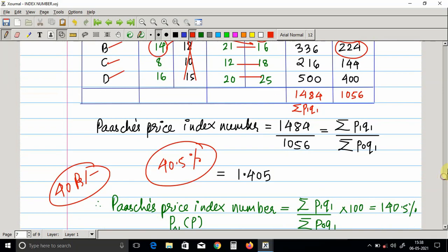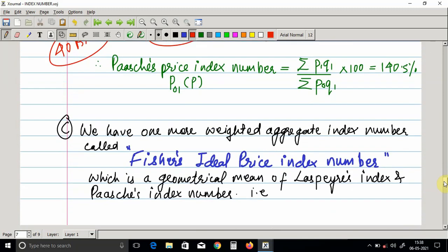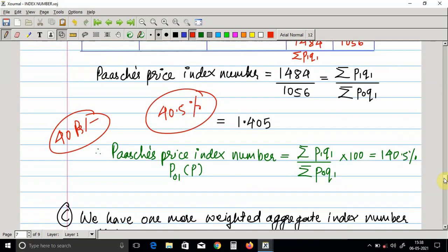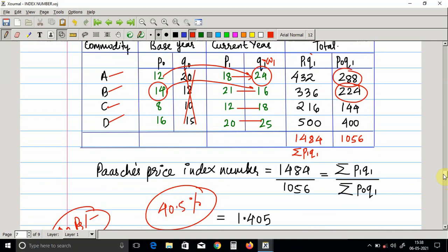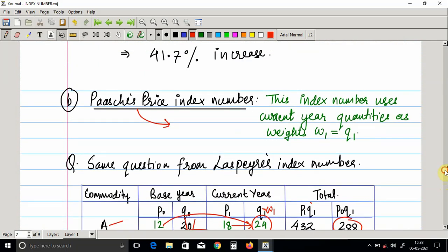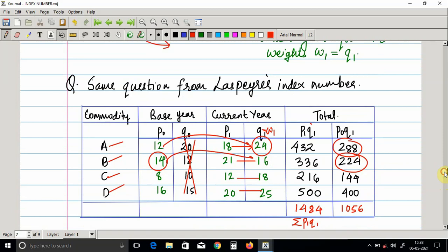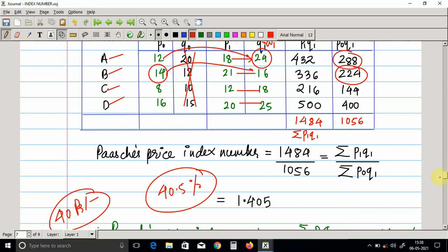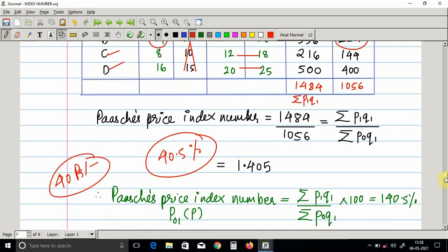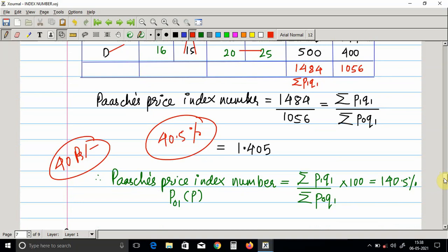Or you must start earning 40% more. I hope Paasche and Laspeyres price index is clear to everyone. Again I am saying, do not remember these two formulas, understand these two formulas.